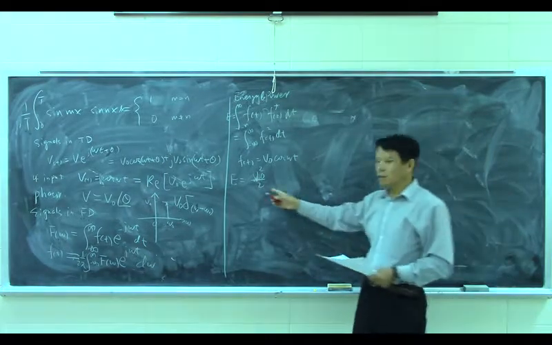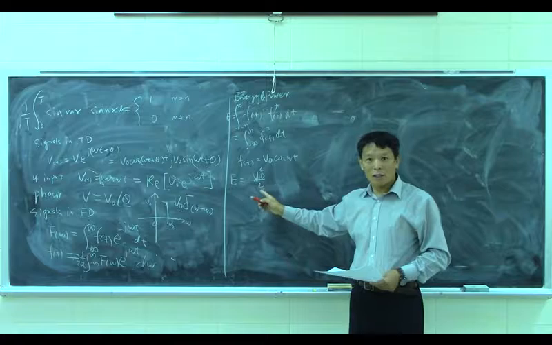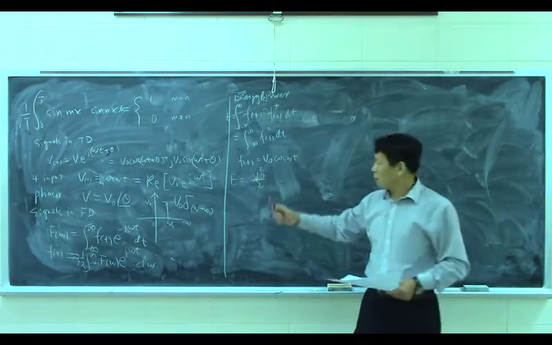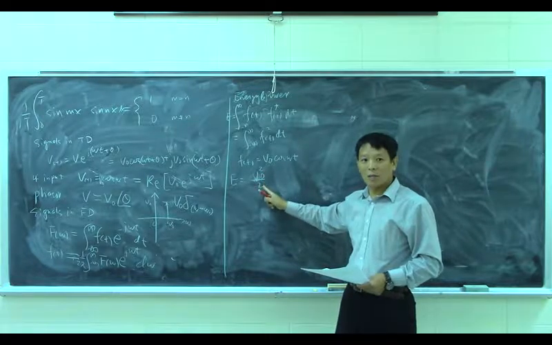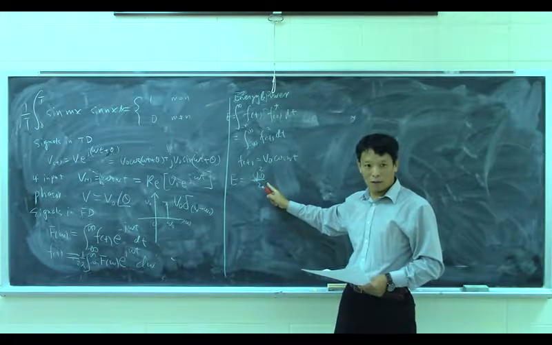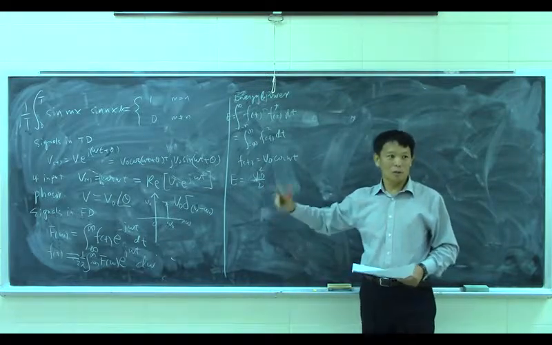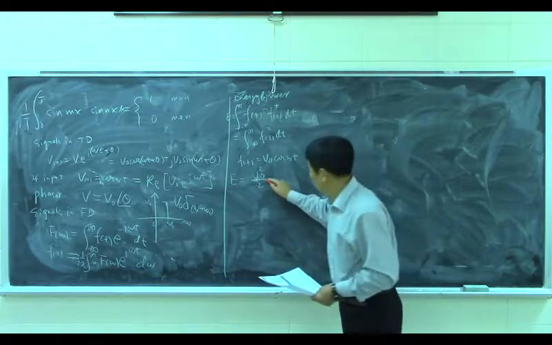That is the mathematical representation. In circuit analysis, we know the energy on the resistor is the voltage squared divided by 2R, but we can consider R as a unit, so you just use 1 ohm.